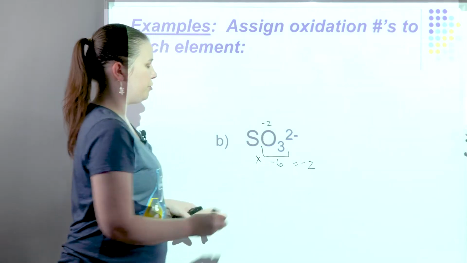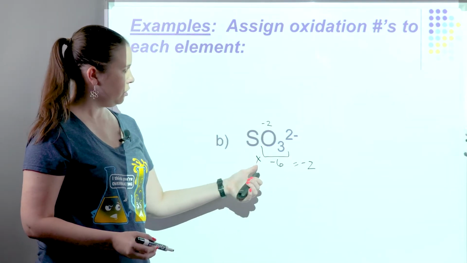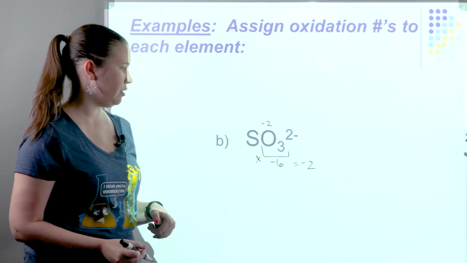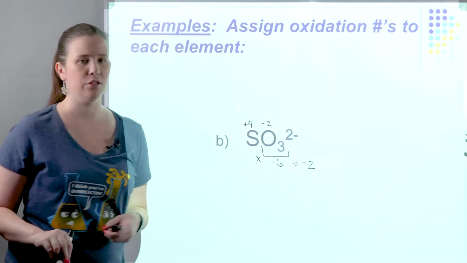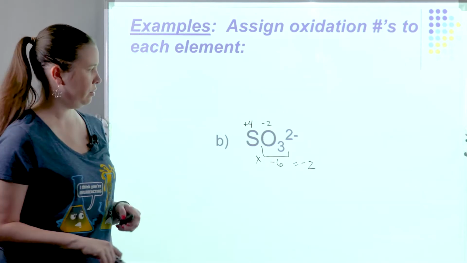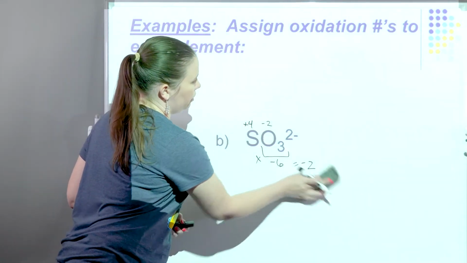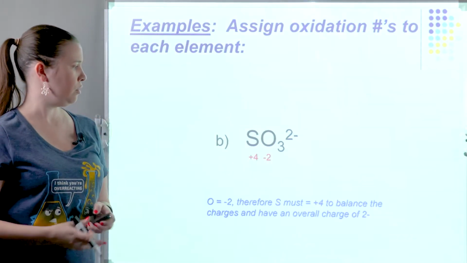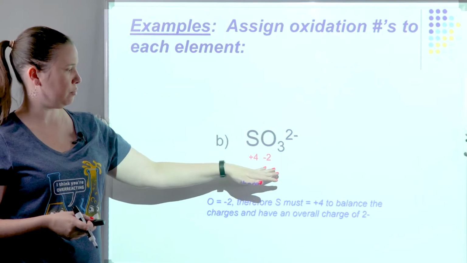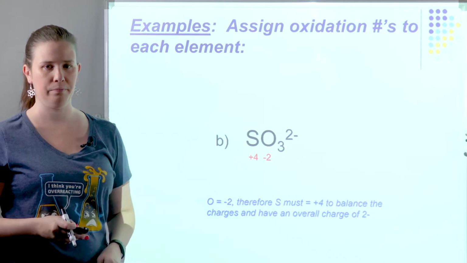So then what would sulfur's oxidation state need to be this time? What with -6 is going to give me a -2? This time, my sulfur would have an oxidation state of +4, trying to get the summation rules to work. So the oxidation numbers are +4 and -2. We do it per atom.